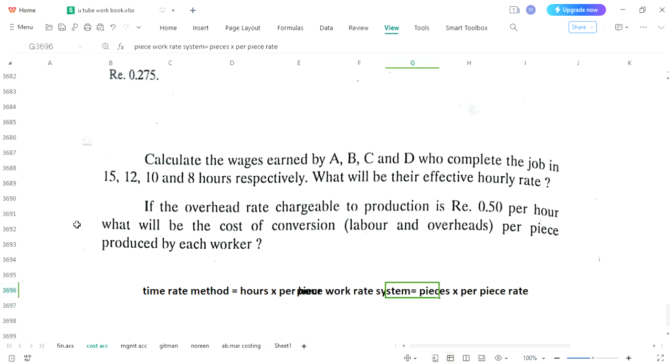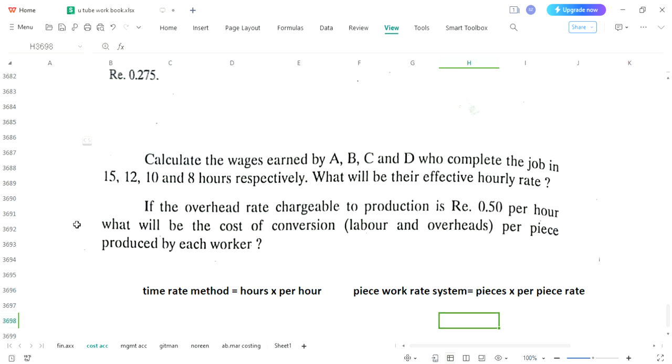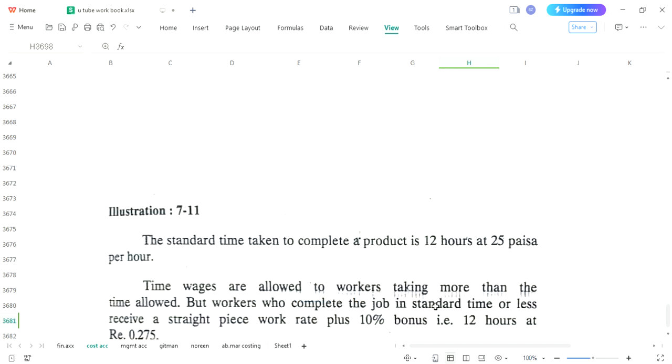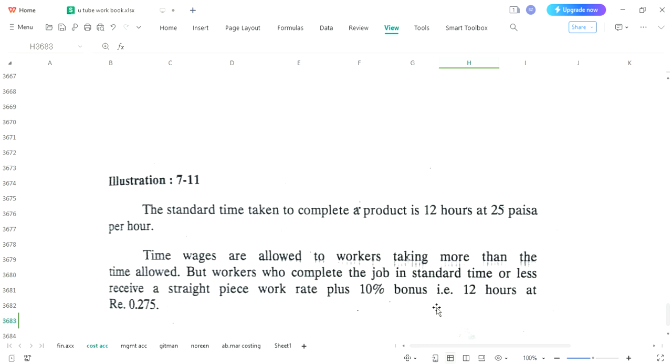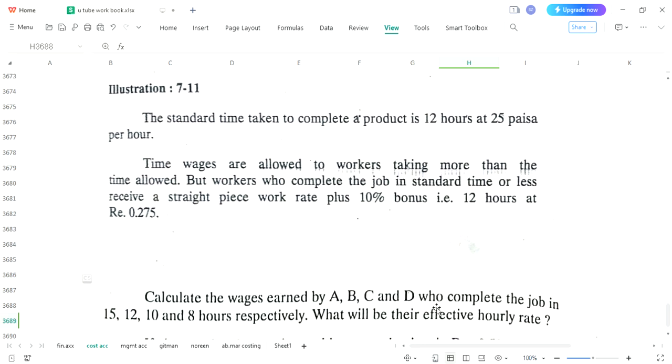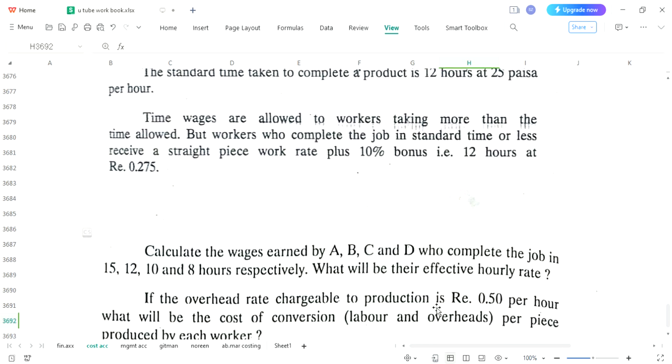These are the two pillars of calculation of labor wages. No matter what the question is, or what the manufacturing concern is, they will be using either the time rate or the piece work rate system. Again, in our question, we are facing the same situation. We will choose one of them, and you can start looking at the volume and appearance of this illustration.